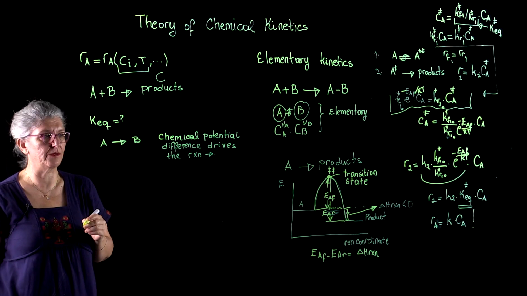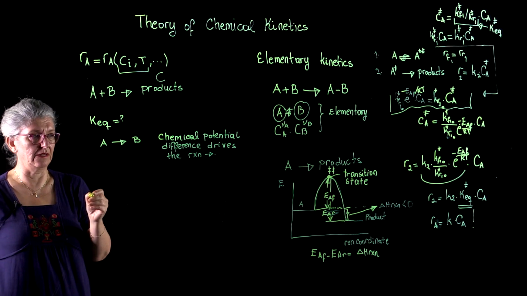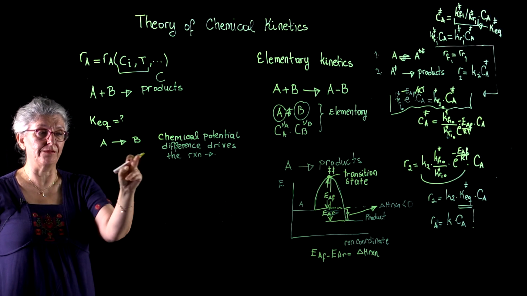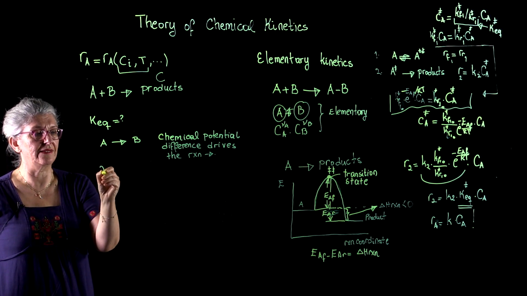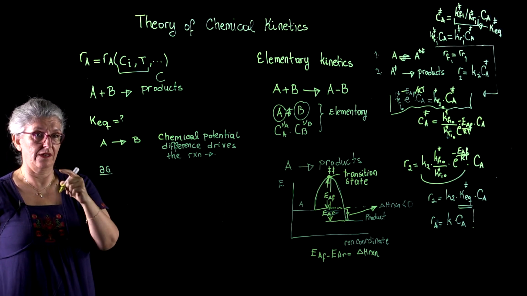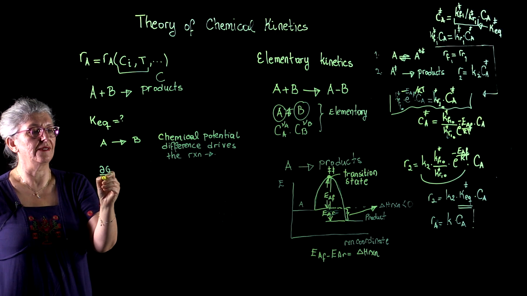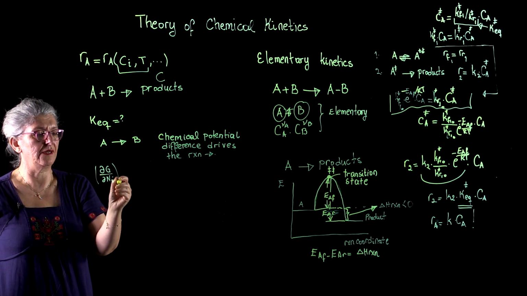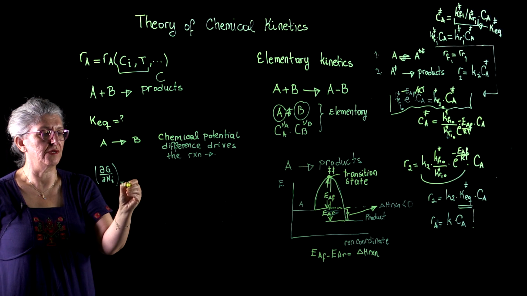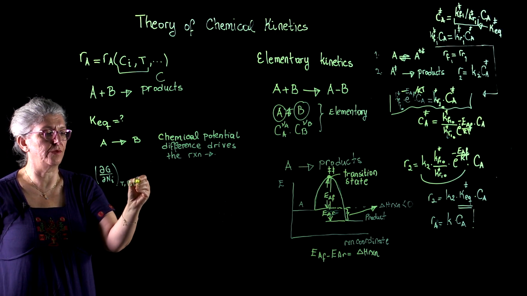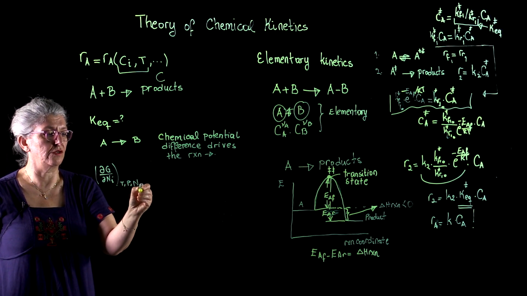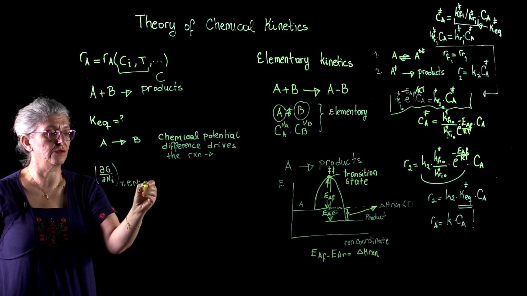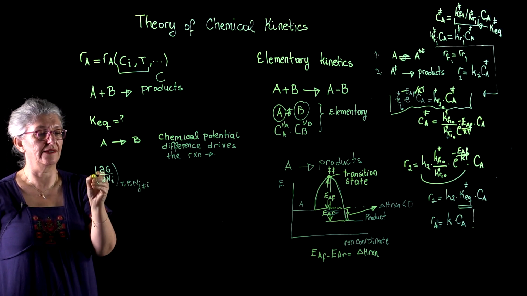Chemical potential, in the sense that we will use in chemical kinetics, is the partial derivative of the total Gibbs free energy of the system contents with respect to the number of moles of component I, keeping temperature, pressure, and the number of moles of all other components different from I constant.